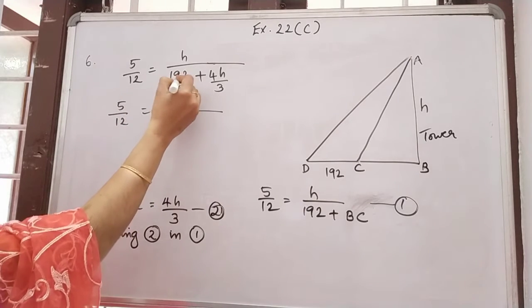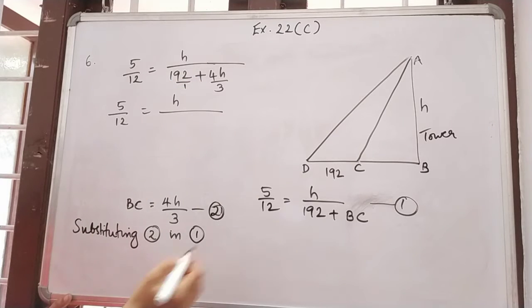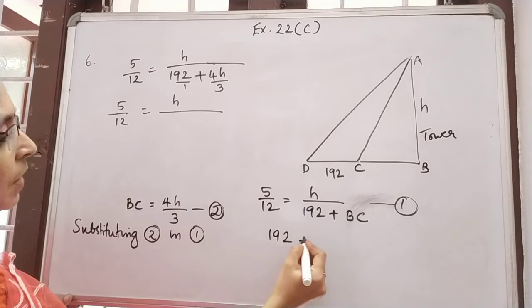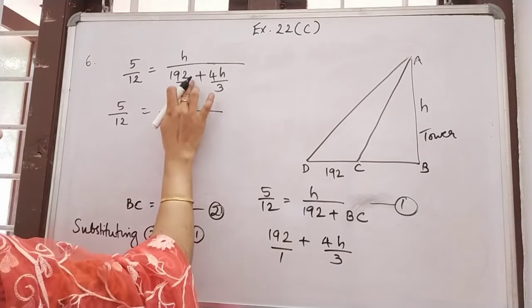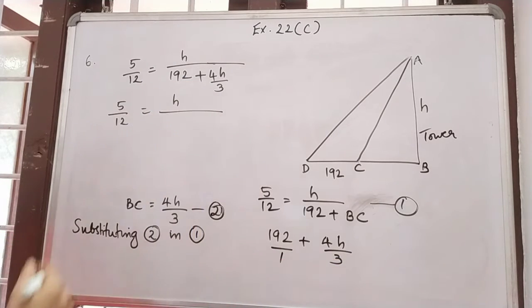Taking LCM, 192 can be written as 192 by 1, so better you do the denominator in the working column.